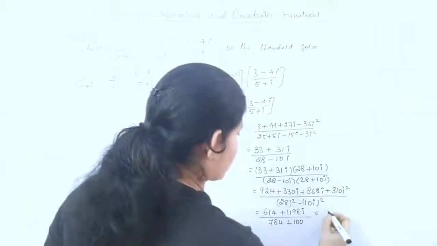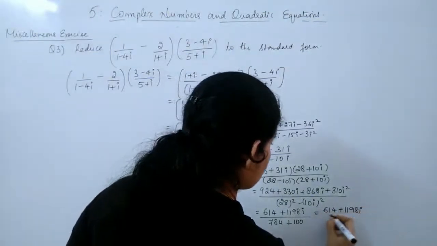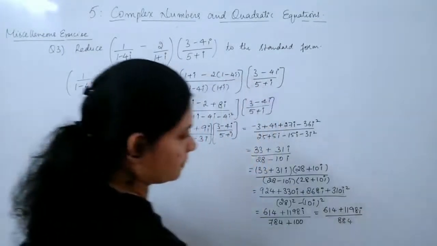Okay, so that you are getting 614 plus 1198i divided by, this will give you 884.